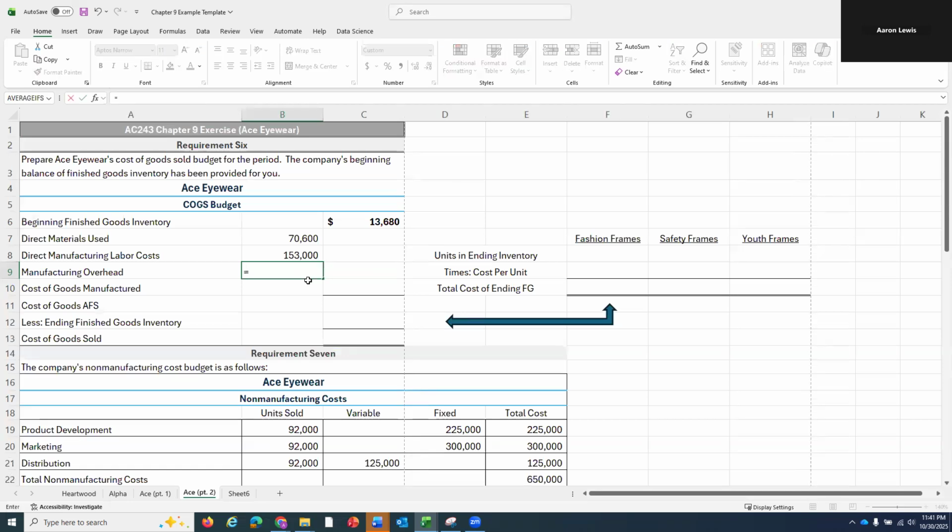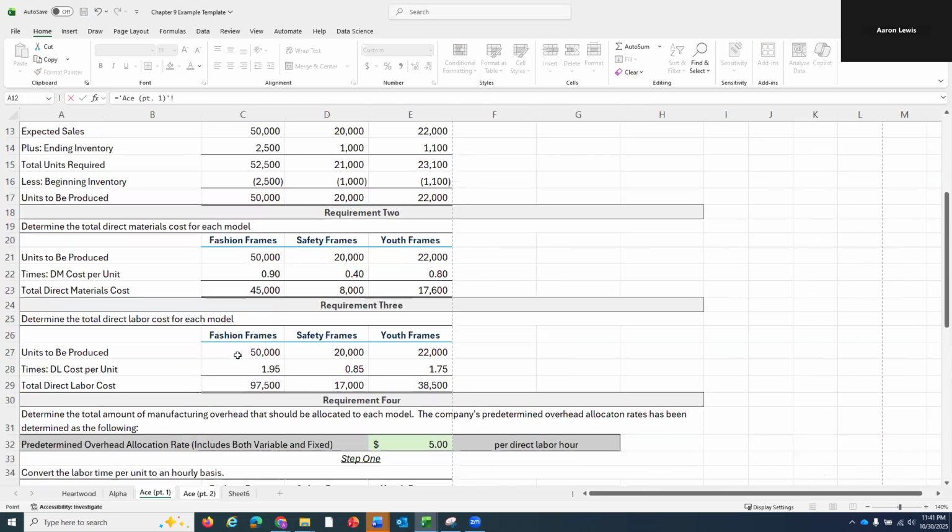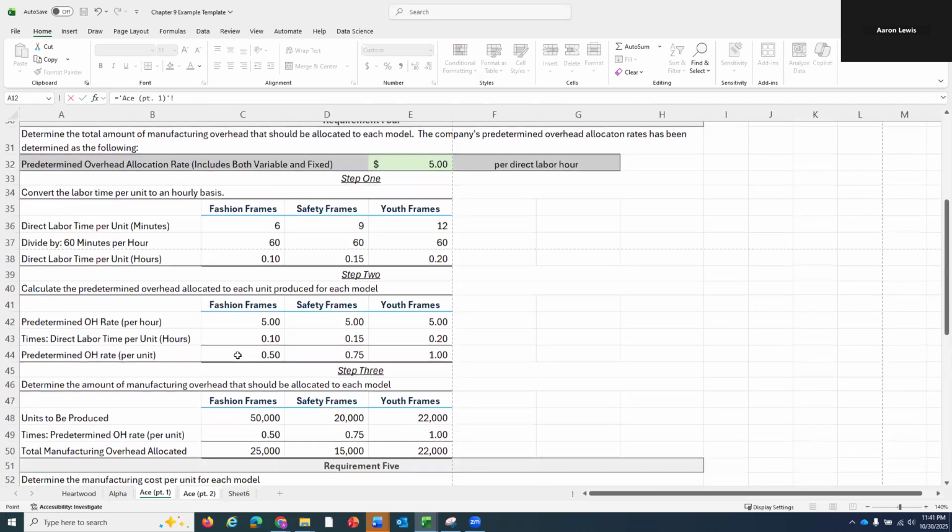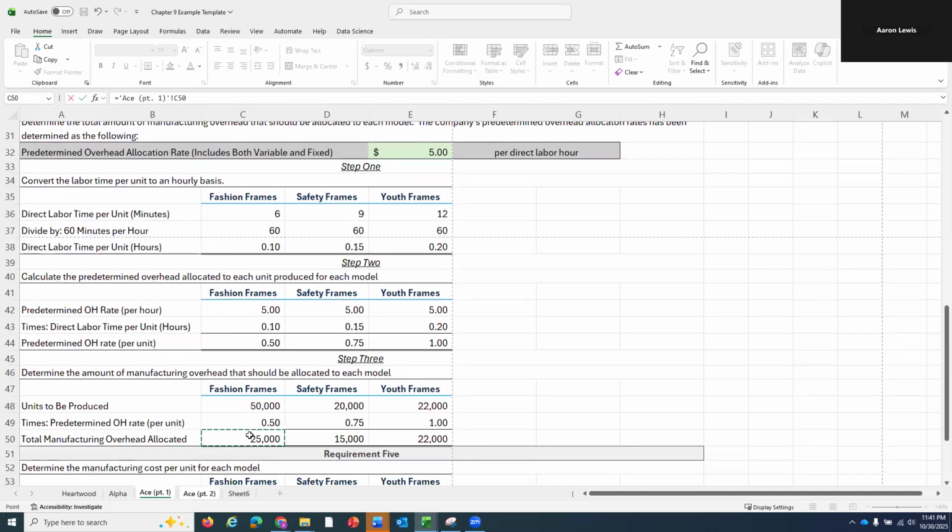And for manufacturing overhead, one more time, we have a budget for that. Let's go to our MOH budget over here. We're expected to incur in total $25,000 of manufacturing overhead costs for fashion frames, 15,000 for safety frames, and 22,000 for youth frames.